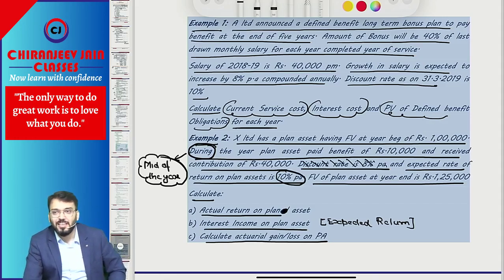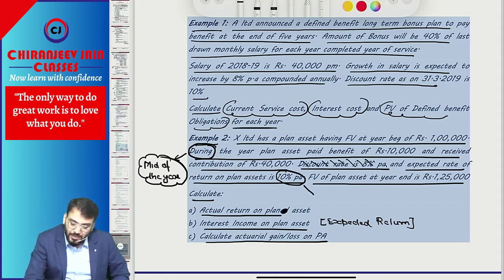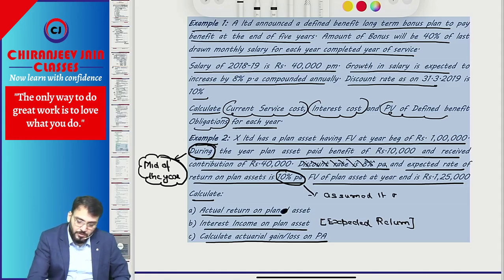If the question is silent, for this purpose we'll assume 10% per annum is compounded on half yearly basis. That assumption we will take.